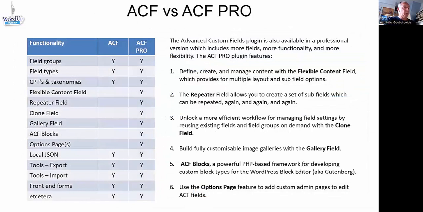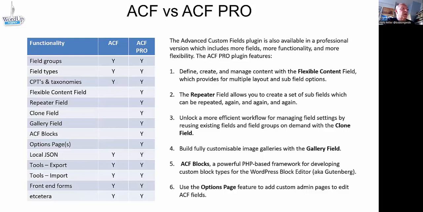ACF functionality is to do with field groups and field types, and the editing of the field content. Recently, they added in the capability for defining custom post types and custom taxonomies. ACF standard provides something called local JSON, which enables you to speed up your site slightly by having JSON copies of the field type and field definitions.